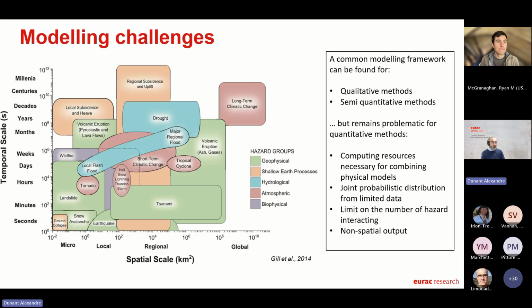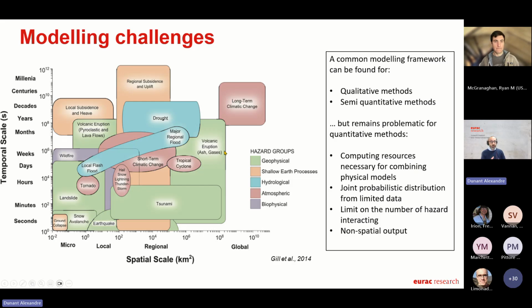And normally in risk modeling, what has been done is we use a qualitative method to combine those hazards and risk together, or a semi-quantitative method using, for example, indices or dollar loss at the end as a way to combine the effect of those hazards. Even though, as I will show you, I think you underestimate the risk if you don't take this interaction into account. It can't be a process that's done at the end in the risk space.